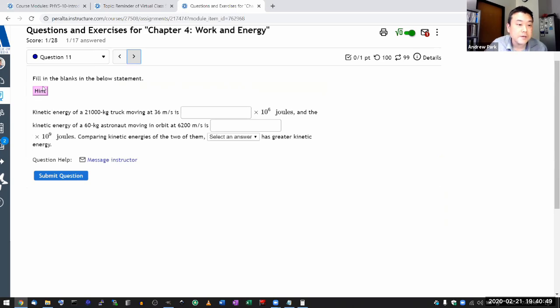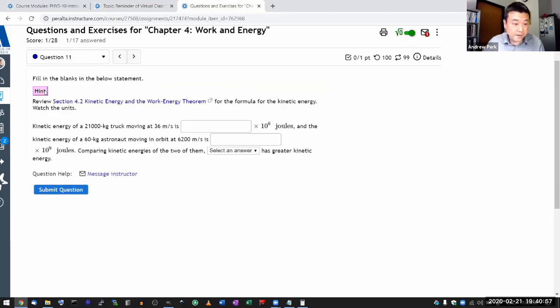So this question, fill in the blanks in the below statement. It's basically a number plugging in exercise. Let me just go through this quickly. It says, review the section for the formula for kinetic energy. And there's a reason I'm saying that. When you look at the formula for kinetic energy, this is what you will see.